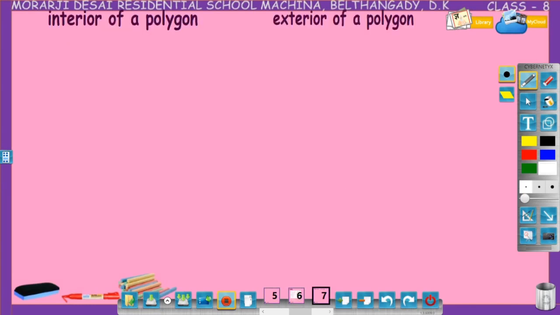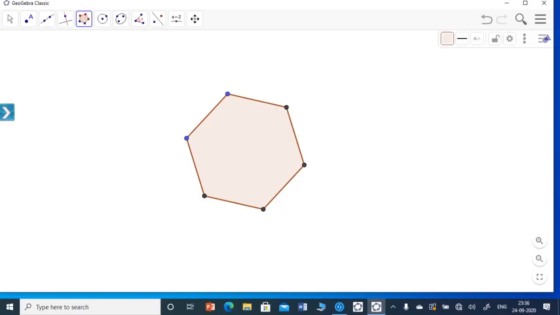Now let us see about interior of a polygon and exterior of a polygon. It is a polygon having 6 sides. What is the interior of a polygon and exterior of a polygon?